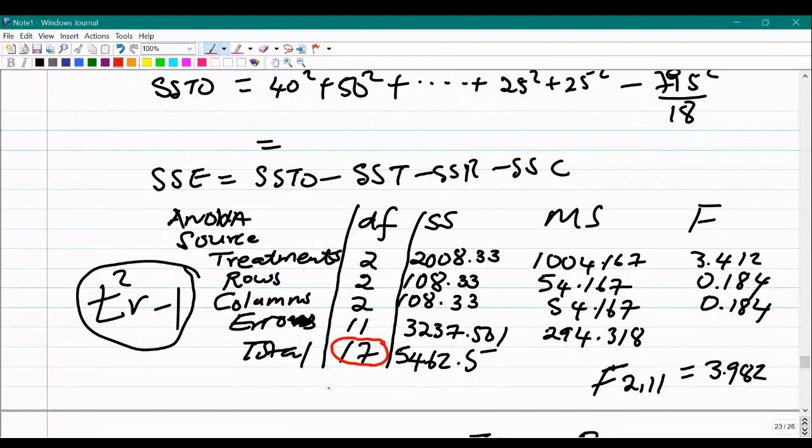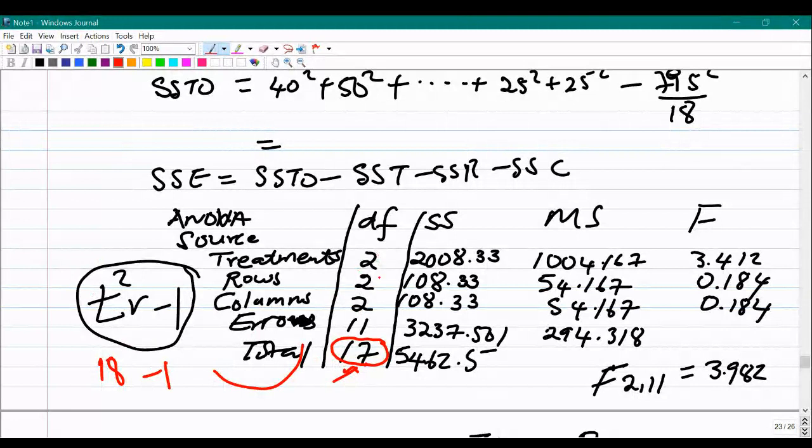It will be 12, sir. How can it be 12? It is t squared r minus 1. So 18 is 11? This 18, minus 1 is 17, isn't it?